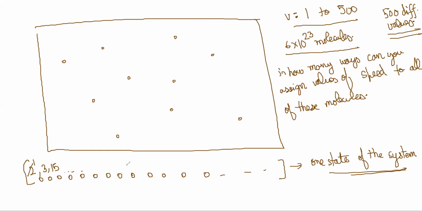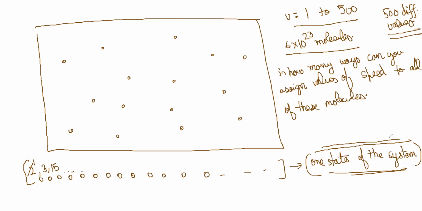That's a different state. Basically, the state of a system is captured by the values of speeds of all the molecules. So this is one state of the system. Then another state could be slightly different, and slightly different, and so on. So basically what we are asking is how many possible states are there in which the system can exist.